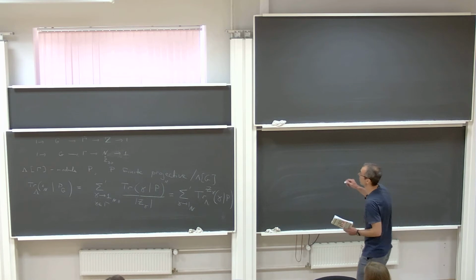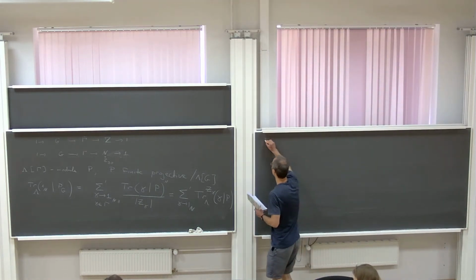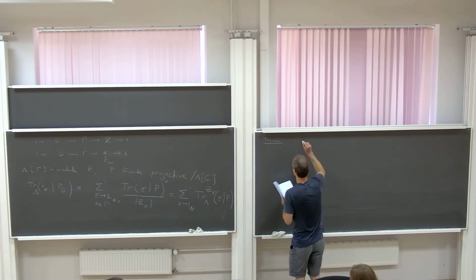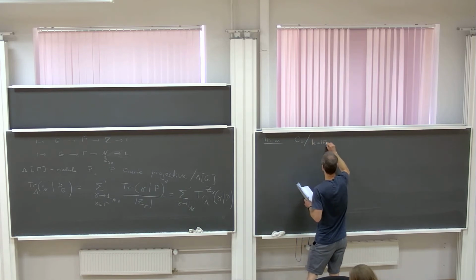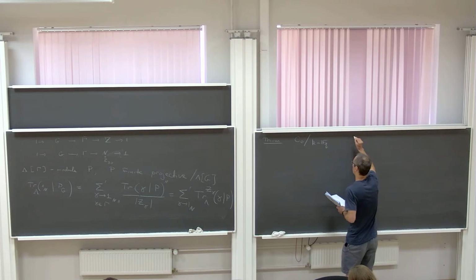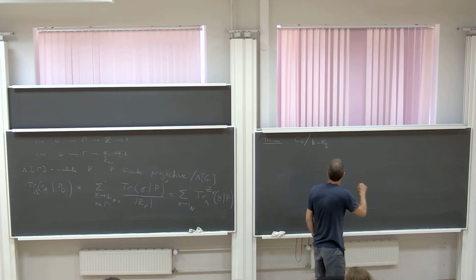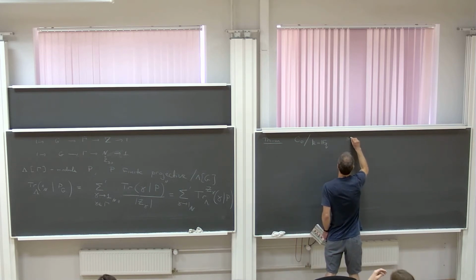So now let's prove our main result. I will call the statement: we have a curve C0 over a finite field of q elements, that will be a smooth curve.